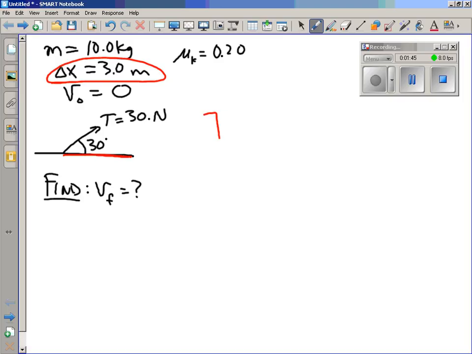And so I'm going to write here that tension parallel to the direction of motion is going to equal, well, if this is 30 degrees here, it's going to be this component right there. So that's going to be equal to tension T times the cosine of 30 degrees. And if you actually calculate that out, that equals 25.98 newtons.